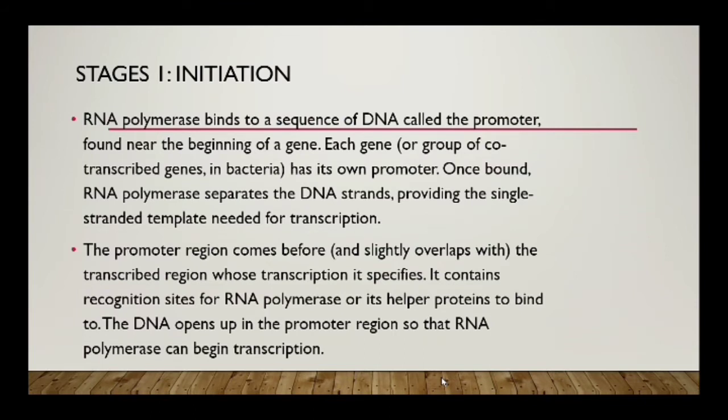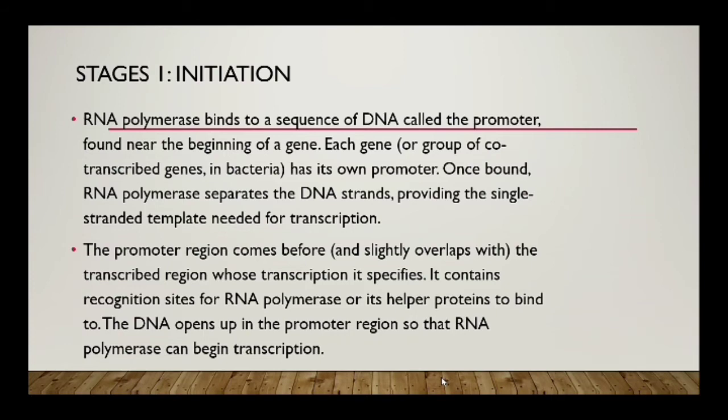Stage 1, the initiation. RNA polymerase binds to a sequence of DNA called the promoter, found near the beginning of a gene. Each gene or group of transcribed genes in bacteria has its own promoter. Once bound, RNA polymerase separates the DNA strands, providing the single-stranded template needed for transcription.